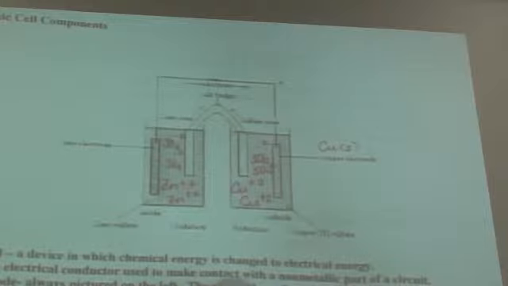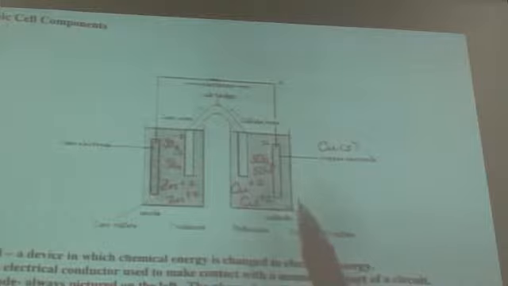So oxidation always occurs at the anode. What is happening when something's oxidized? It's losing electrons. The oxidation number is increasing across the arrow.